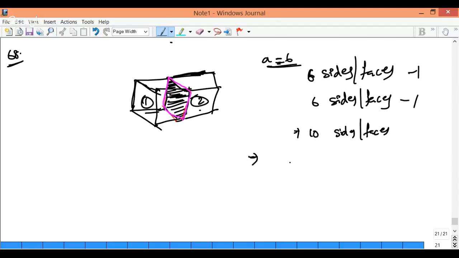Now the area of a face is A square, 10 into 6 square, so the area of the rectangular parallelepiped is 360 units, whatever the units are.